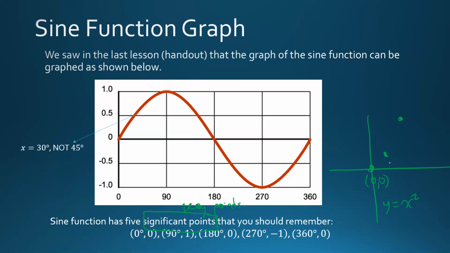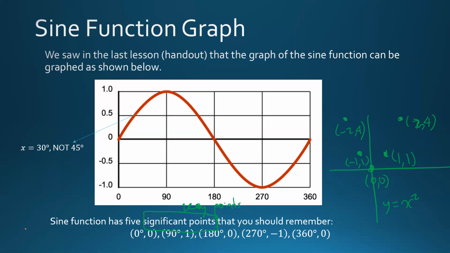So I asked you to remember the origin, 1, 1, 2, 4, and then some of the negative ones: -1, 1, and then -2, 4. So I asked you to memorize a couple of those key points. It's a very similar concept to this. And I'm asking you just to memorize these key points because you can probably predict what's going to happen after this.